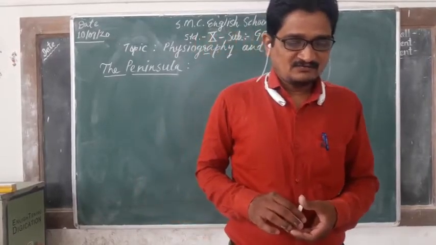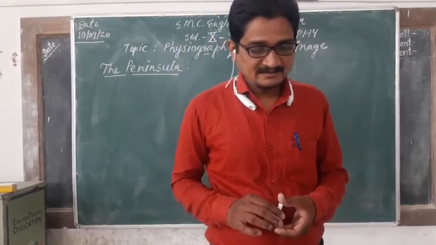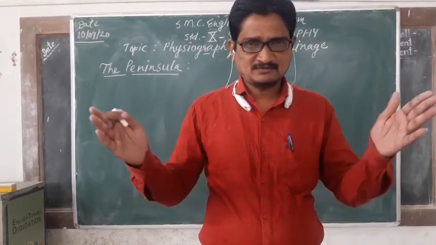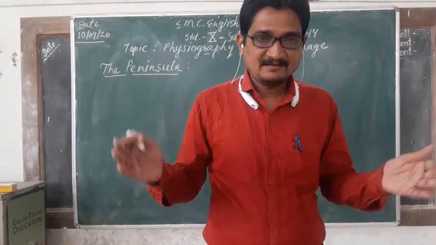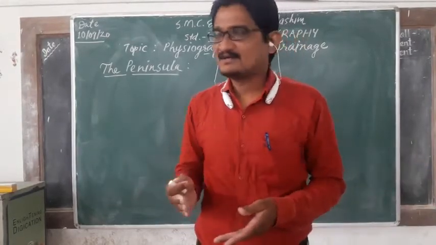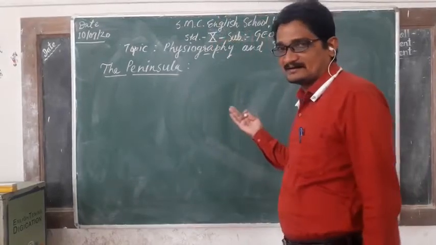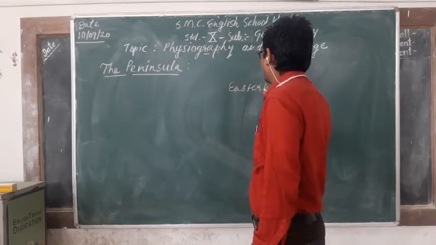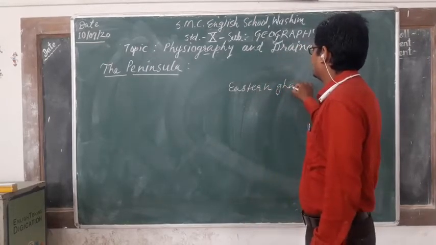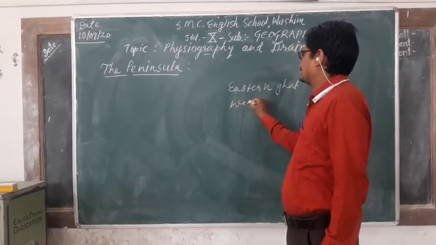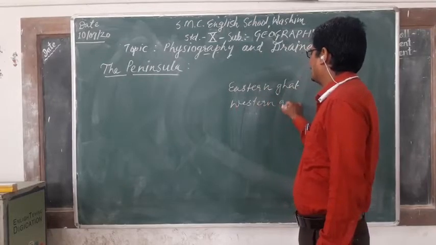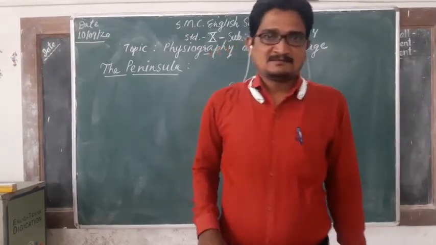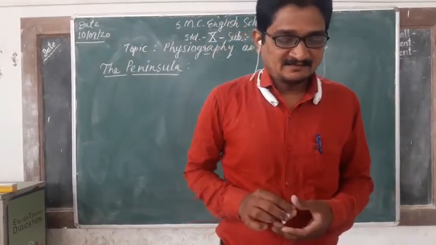It consists of many plateaus and hill ranges. Our Indian Peninsula consists of many plateaus, plains and hill ranges: the Eastern Ghats and the Western Ghats. These ranges are the hill ranges.